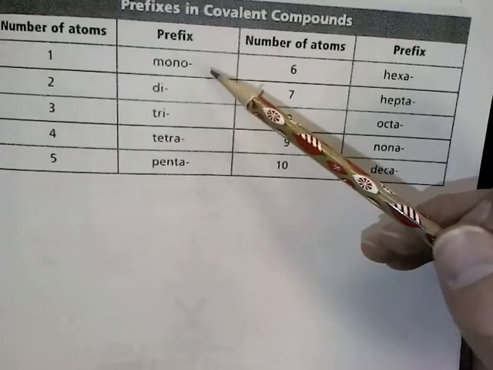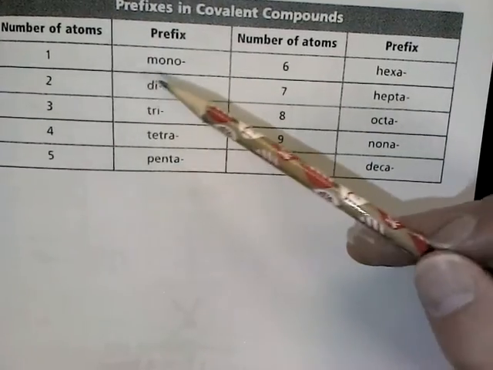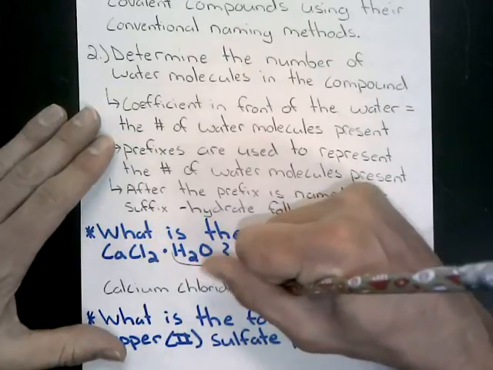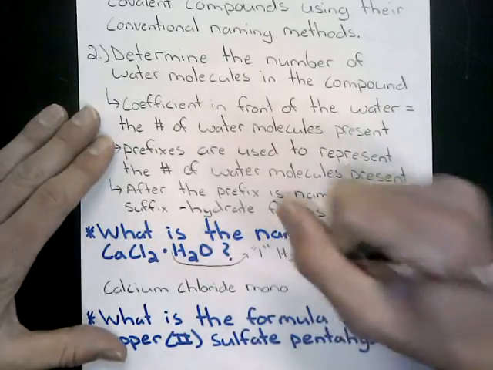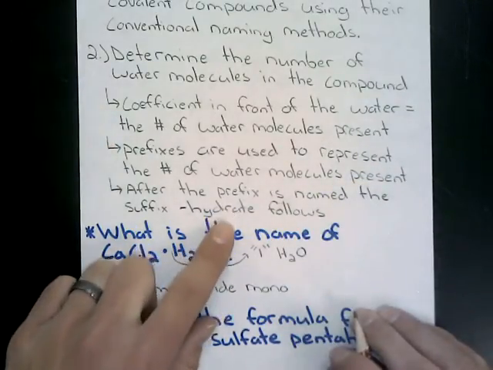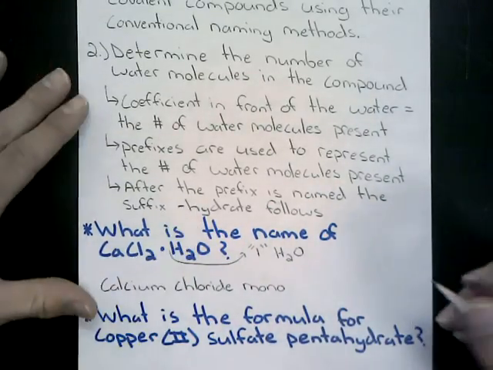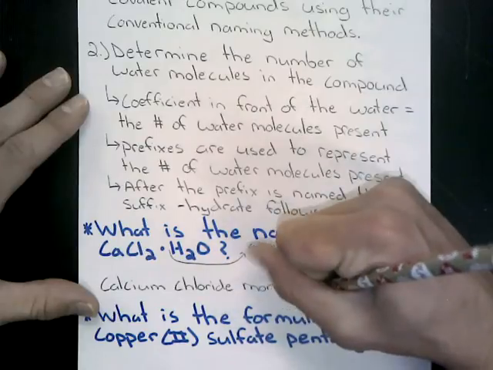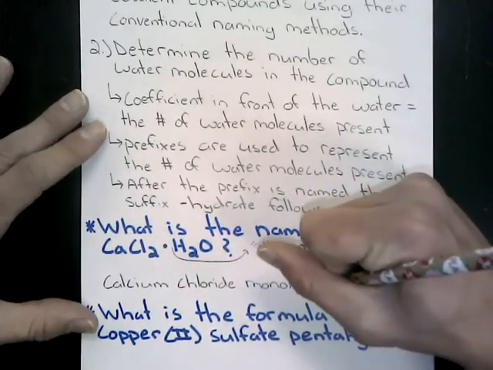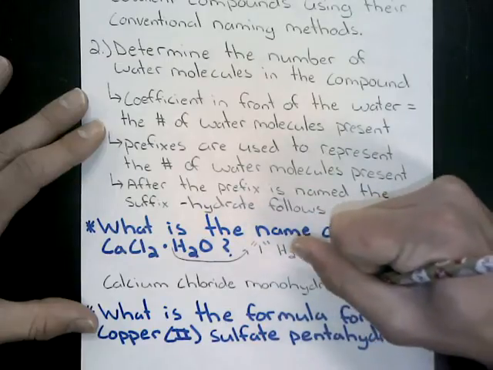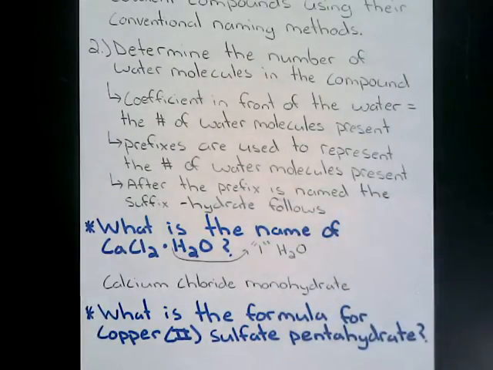We look and we find the prefix of 1 to represent mono. So we write that prefix mono down, and then the steps say, hey, after the prefix, you need to add in the word hydrate. So CaCl2 dot H2O becomes calcium chloride monohydrate.